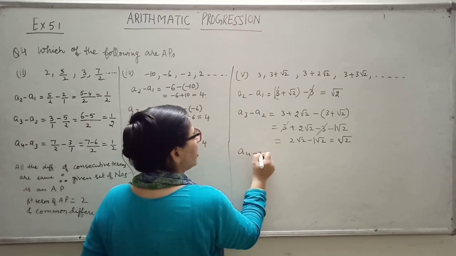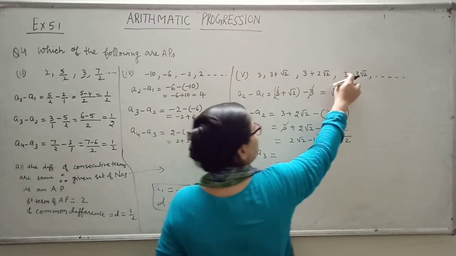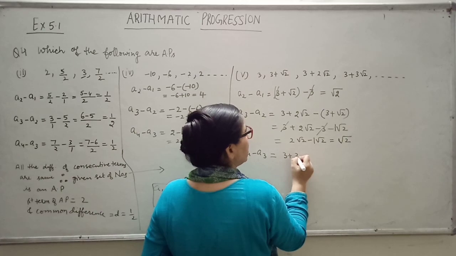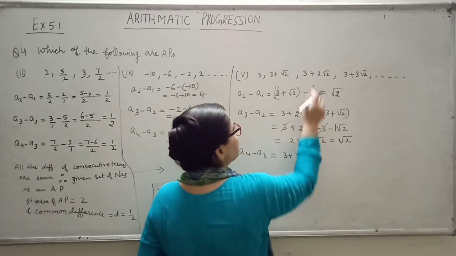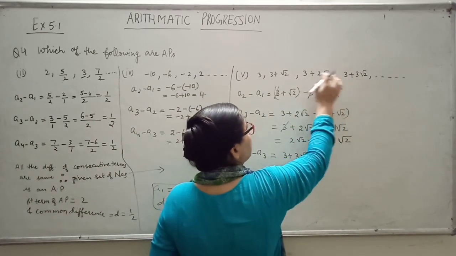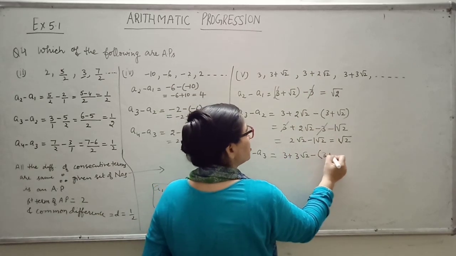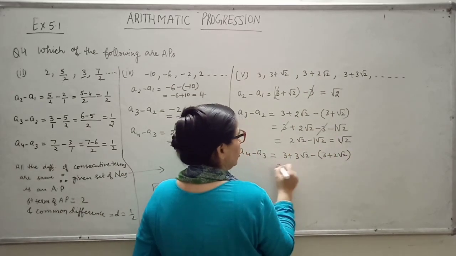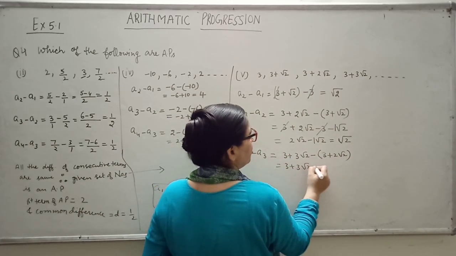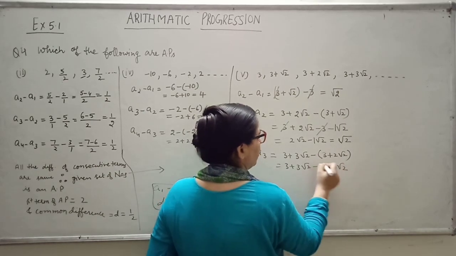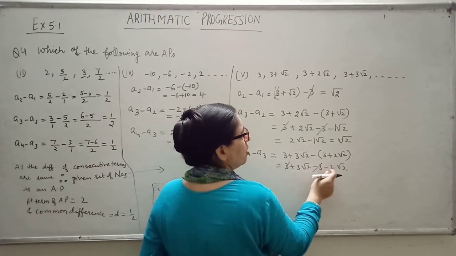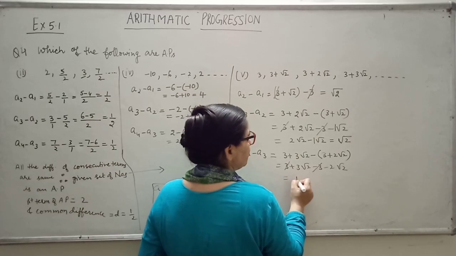Now A4 minus A3. What is A4? 3 plus 3 root 2 minus, sorry, A4, and this is A3, 3 plus 2 root 2. If you open it, it will be cancelled. 3 root 2 minus 2 root 2, that is 1 root 2.